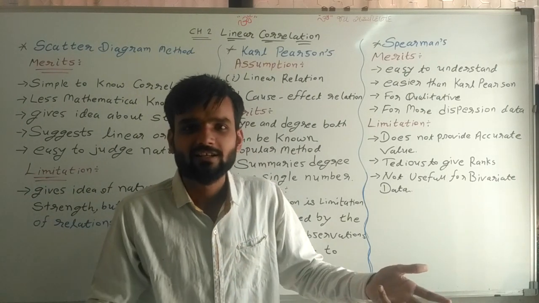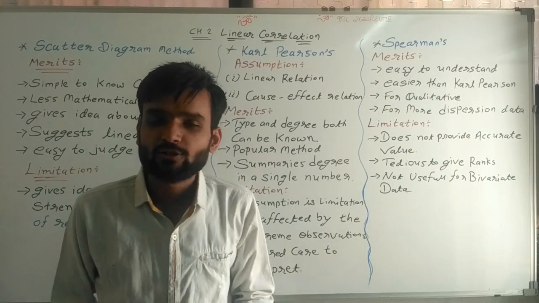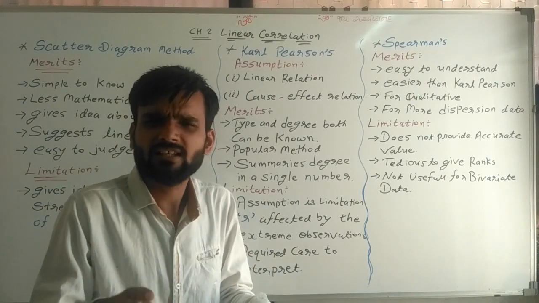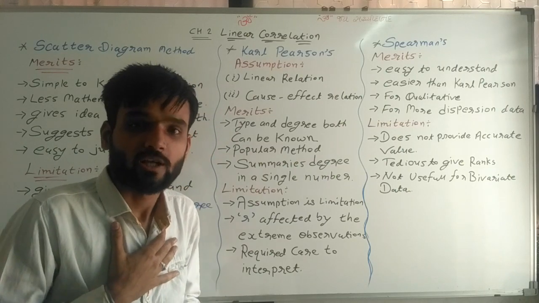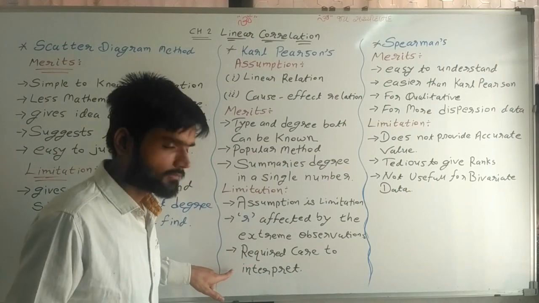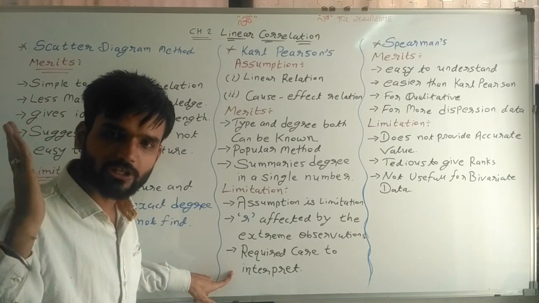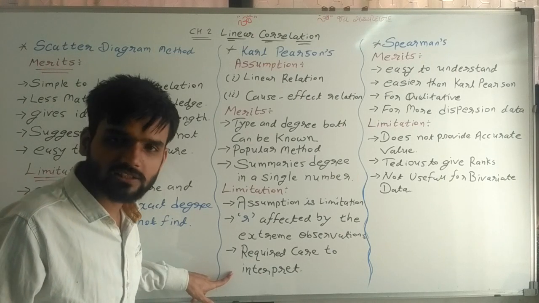In today's days, even if you want to go outside the home, care is required. So it is not a limitation as per my suggestion. But to get marks, one point is written: care is required to interpret in Karl Pearson's method.